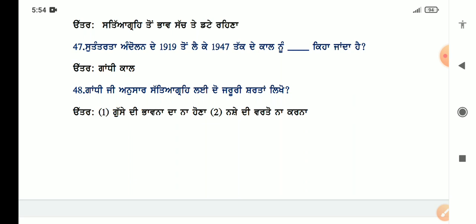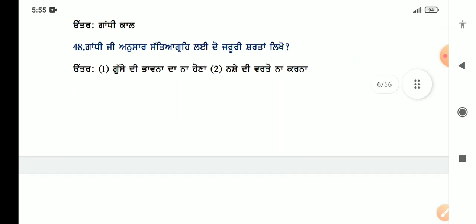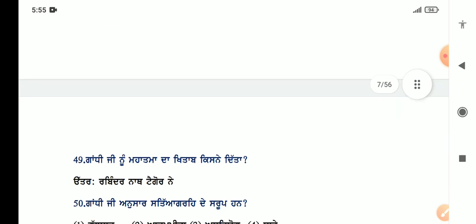Two important conditions for Satyagraha. One is total commitment to Satyagraha. Second is to shed the feeling of anger. Third is no use of intoxicating materials.